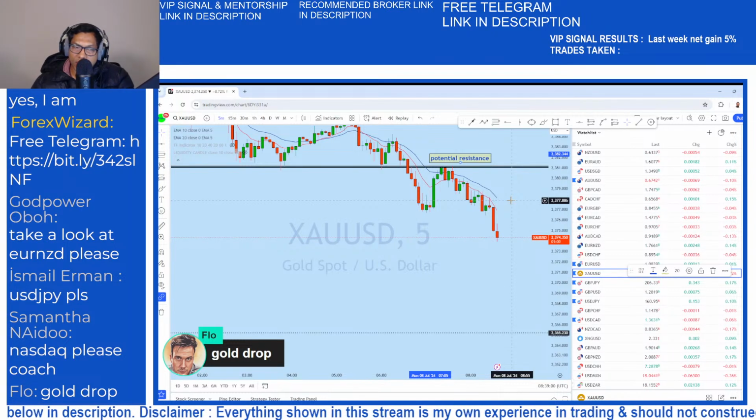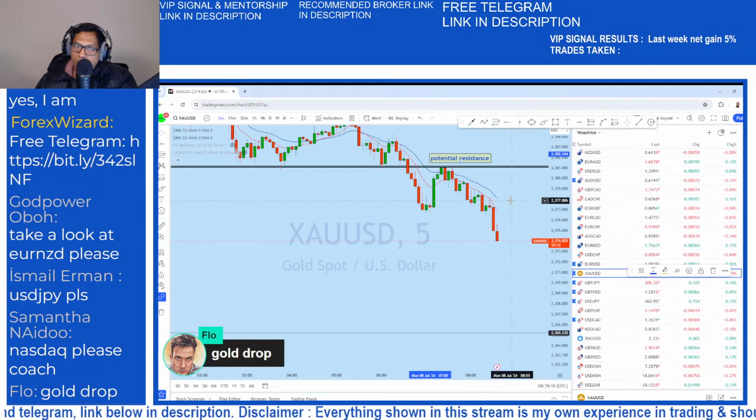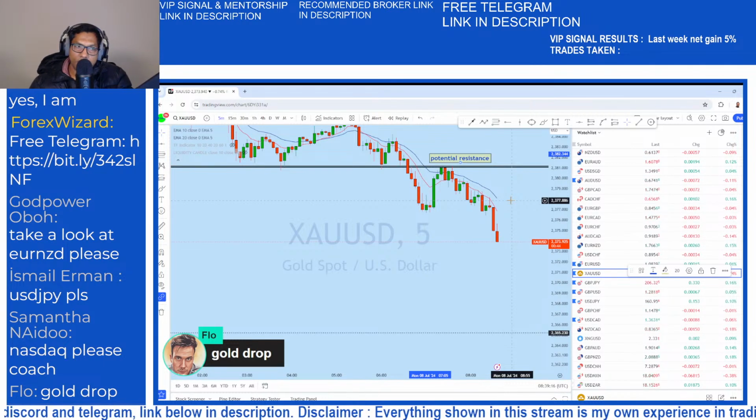Break of structure is important because when you look at trading, we need to look at the overall structure, which is very important.